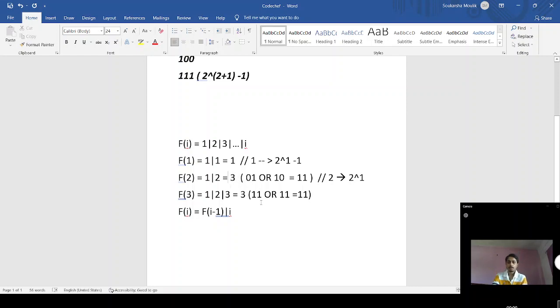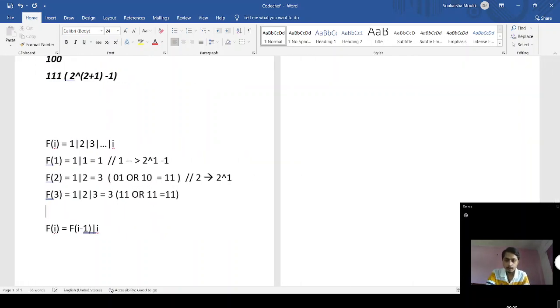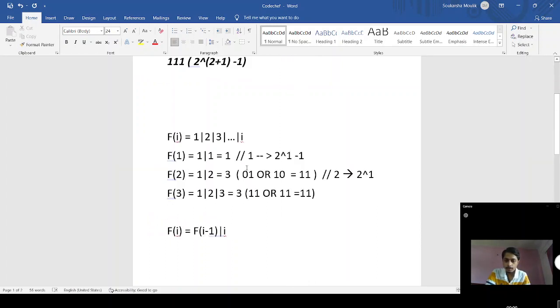Now let me take f of 4. What I'm going to tell you will be better understood there. So let me write it down. f of 4 will be f of 3 ORed with 4.